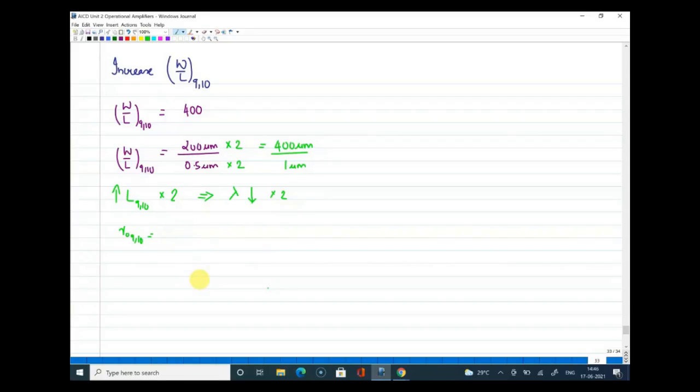Now when it is reduced by a factor of 2, it becomes 0.1. So it is 0.1 into the current through it, that is 1.5 milliamps. What is the new resistance value? Can anyone tell me? It is just basically doubling of the previous resistance. What is the new resistance value R0 of 9 and 10?